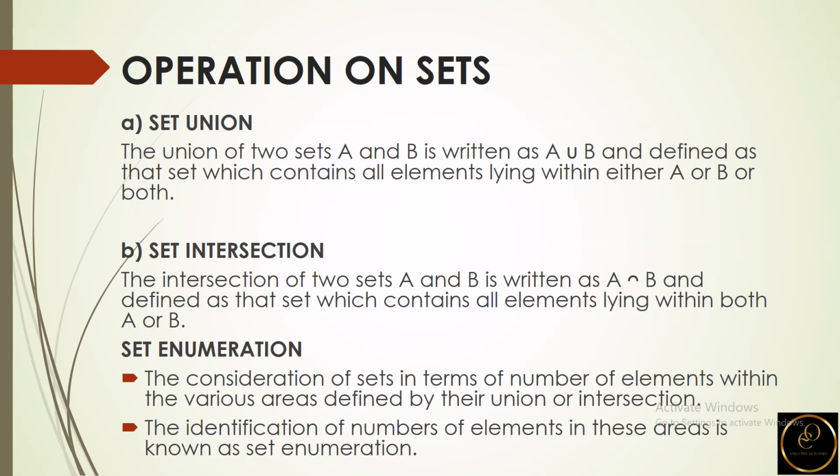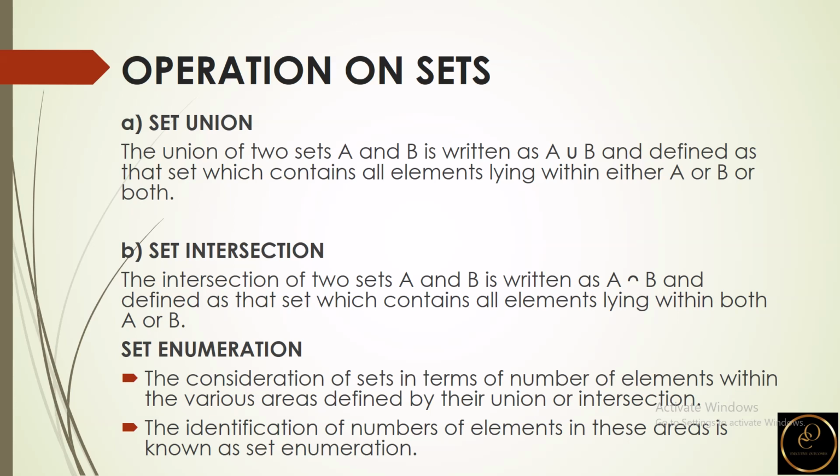What is also important is to understand set enumeration. This is the consideration of sets in terms of number of elements. So, counting the elements in a set under various conditionalities, for instance, union set or intersection set.